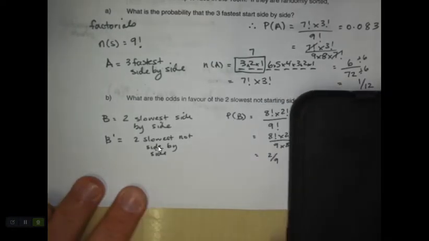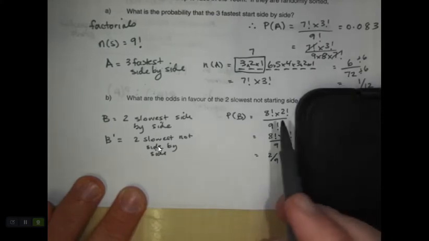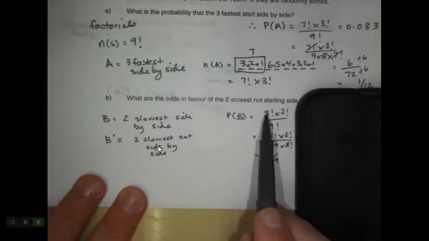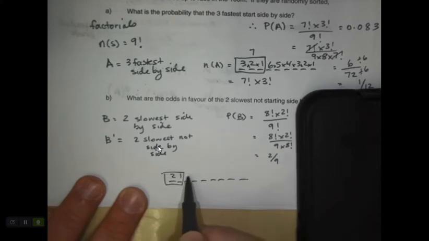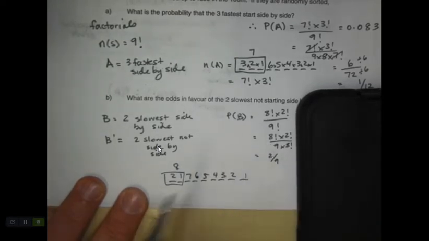So with my thinking here, I know that the 2 slowest side by side is 8 factorial times 2 factorial, and I could have expanded it out like that, 7, 6, 5, 4, 3, 2, 1. And if I reduce it out, I get 2 over 9. And you want to leave that as a fraction because we're finding the odds in favor. So this is where maybe you do a little bit of reduction.